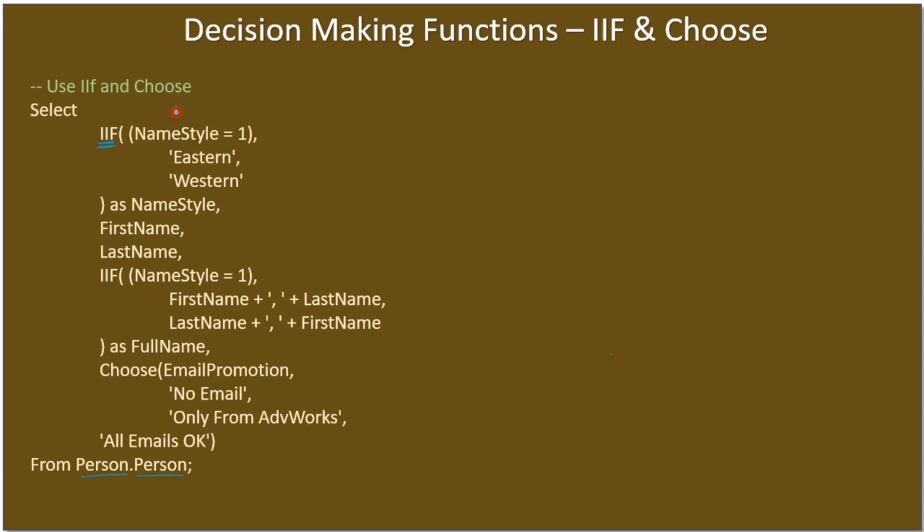Name style is coming from the person table as a column. What we are checking here is name style equal to 1. If the column holds a value of 1, we state the style as Eastern style. If it is not 1, then we specify it as Western style.